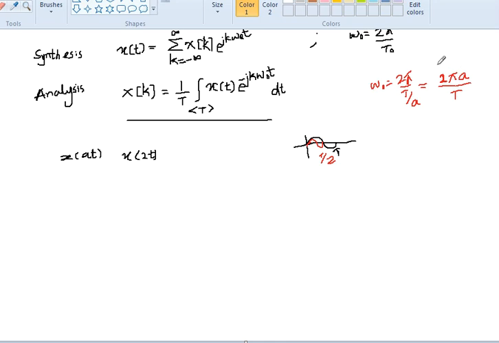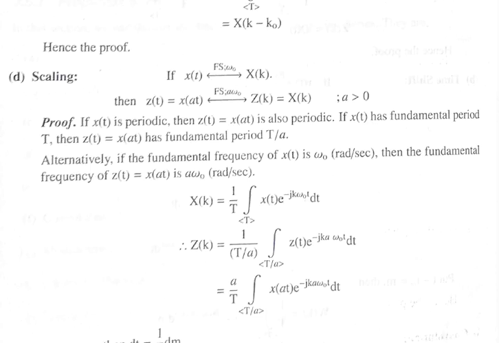Omega naught is equal to 2 pi by t, but as our t has become t by a, the omega naught value would be 2 pi into a divided by t. By substituting the same, we get x of at e raised to minus j k a omega naught t.